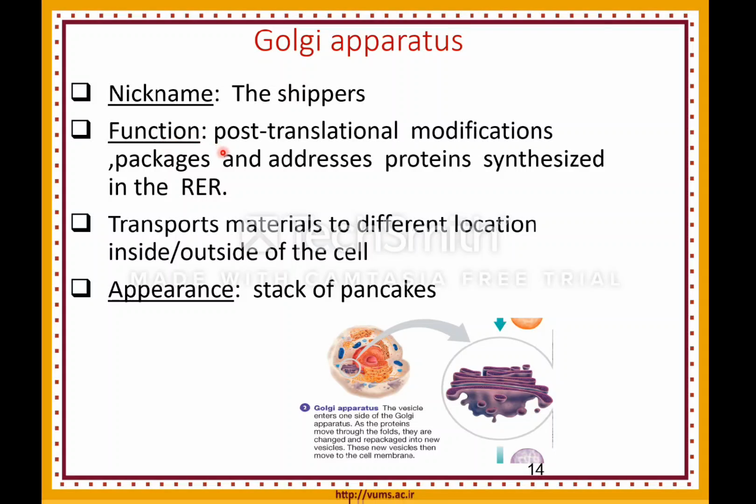The main function of the Golgi apparatus is some post-translational modification, such as glycosylation, sulfation, or others, and also packaging and addressing proteins synthesized in the RER. The Golgi apparatus transports material to different locations inside or outside of the cell, and its appearance is like a stack of pancakes.